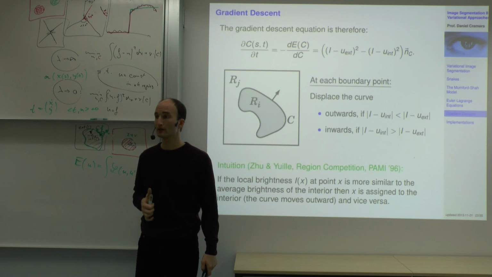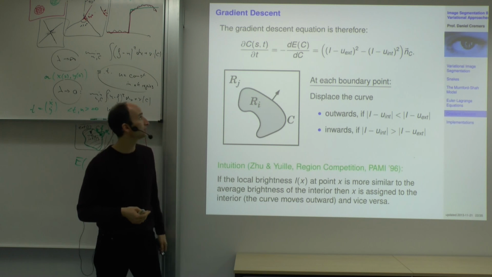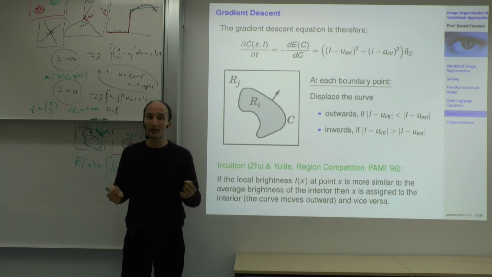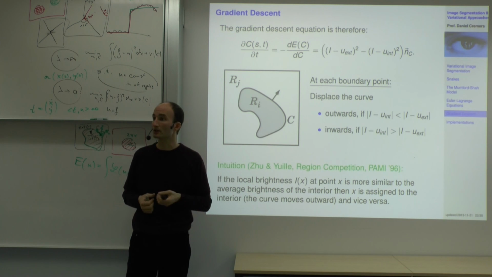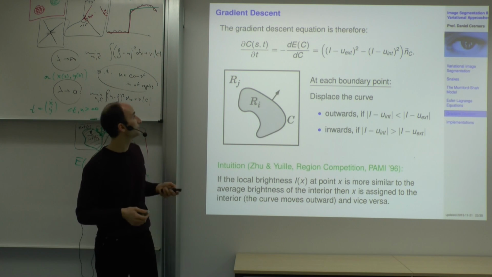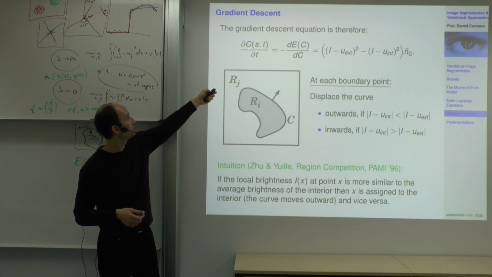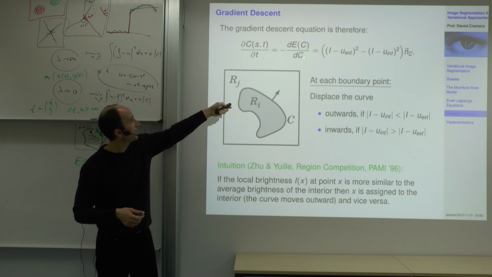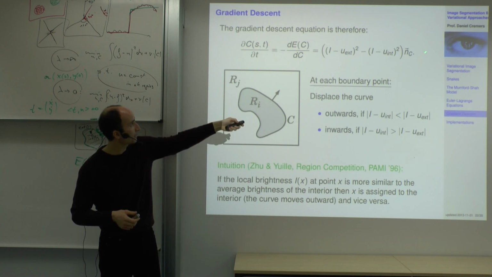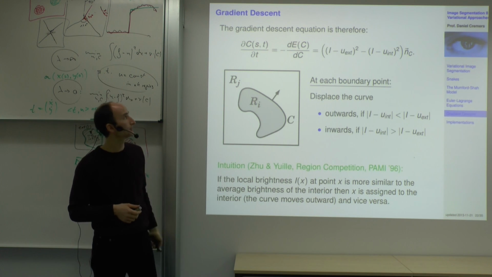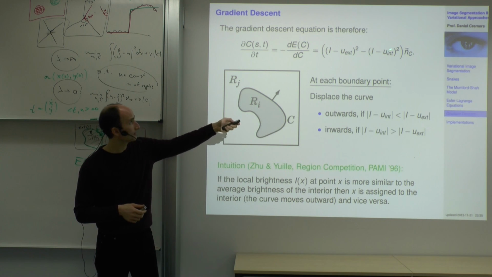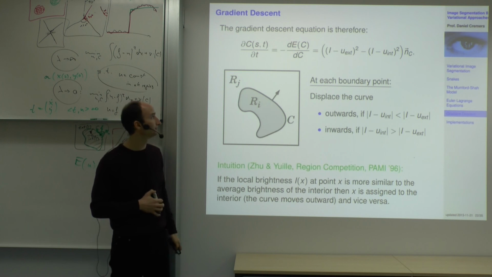One thing you can do to minimize this cost, once we've computed the Euler-Lagrange equation, the functional gradient, the first thing we can do for any energy, even these kinds of non-convex energies, is gradient descent, which means propagate the curve in direction of the negative energy gradient. And if we plug in the functional gradient we just saw, we get this result. Due to the minus, we have the exterior term first, then minus the interior.